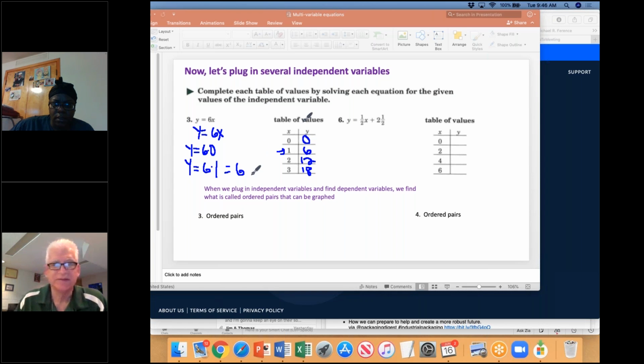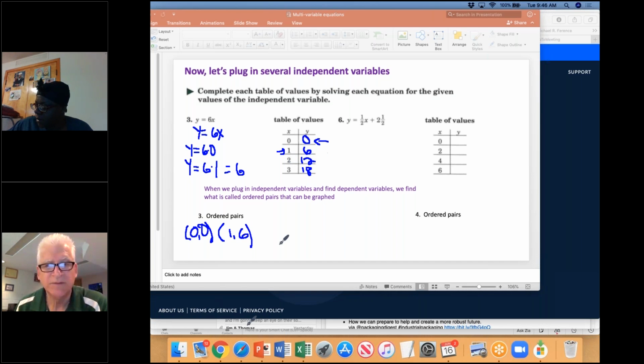So now what you have is 4 sets of what I call ordered pairs. When you write an ordered pair, you do it with parentheses. So the ordered pairs for this function are (0, 0), (1, 6), (2, 12), (3, 18).